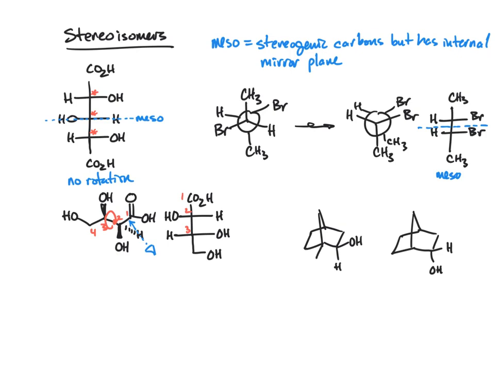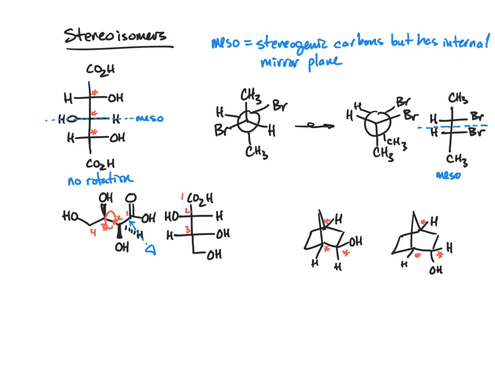So if I put these hydrogens in, where those two rings meet, those are stereogenic carbons. You can overlap them, and the ring ones will be the same.